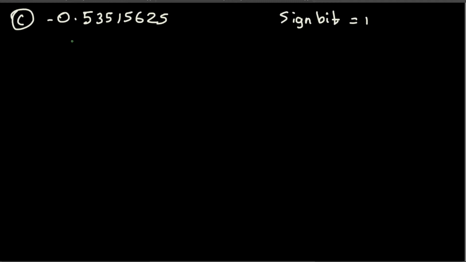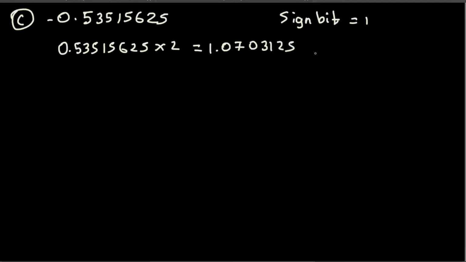To convert it into binary, we take the positive part of it, that is 0.53515625, and we multiply this one by 2 until we get a 0.00 situation. So if we multiply this one by 2, that gives us 1.0703125, and here we have 1 in front of the decimal point, so we put that one right here.